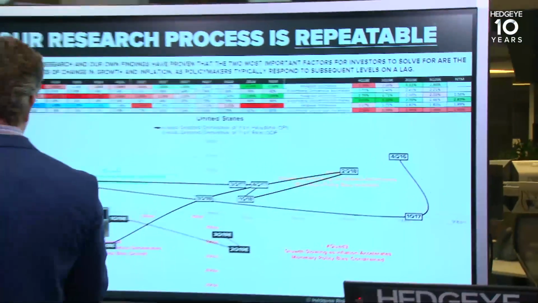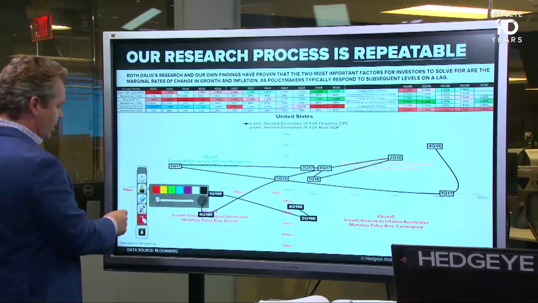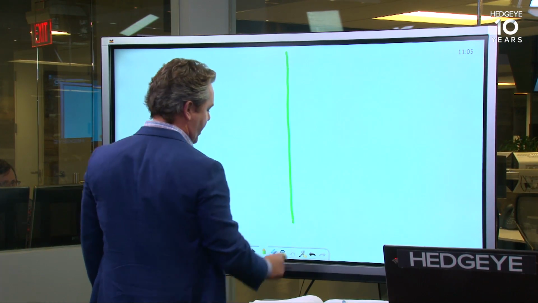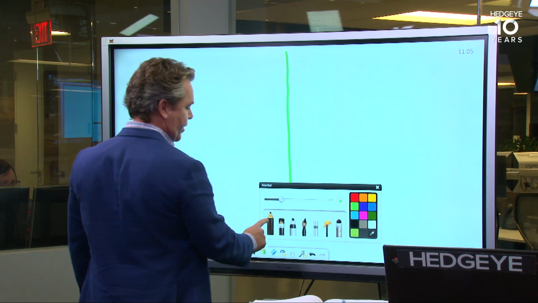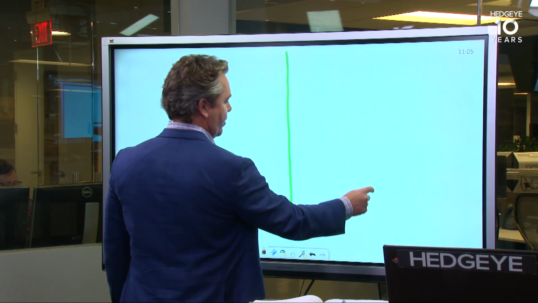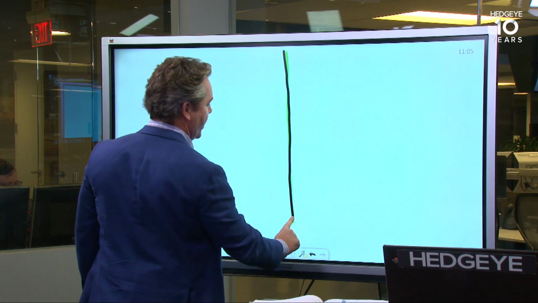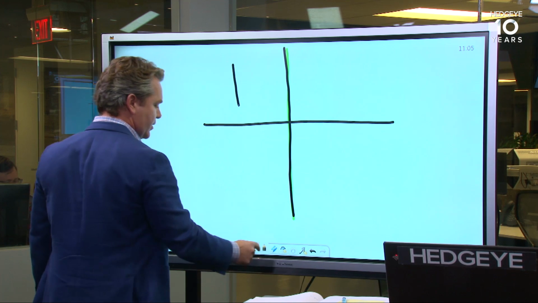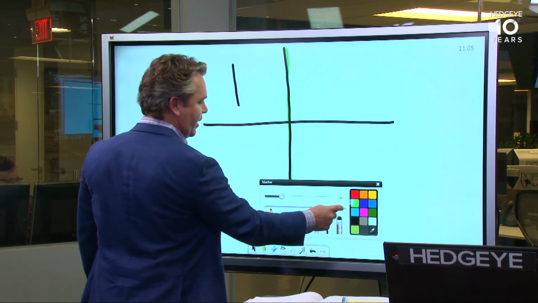So if I just draw kind of like the same picture that I just had, and I take 4 quadrants, on the x and the y-axis, we want to be looking at growth and inflation in rate of change terms, okay? So quad 1, let's put a little green on that one.